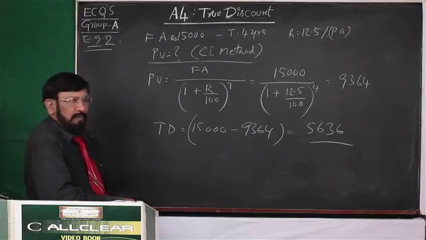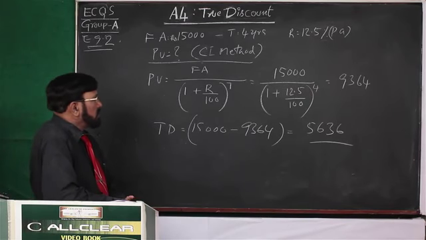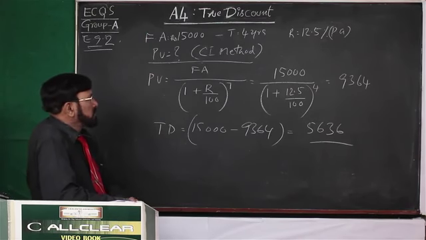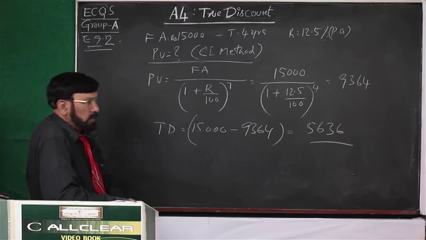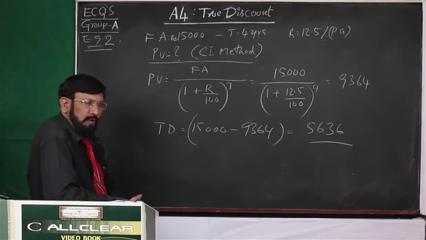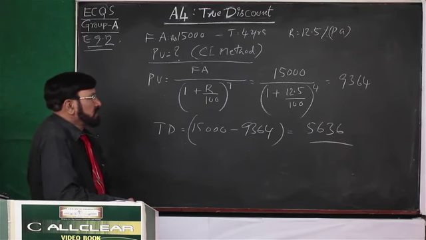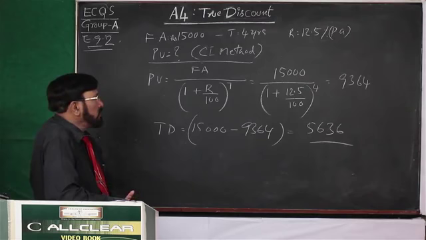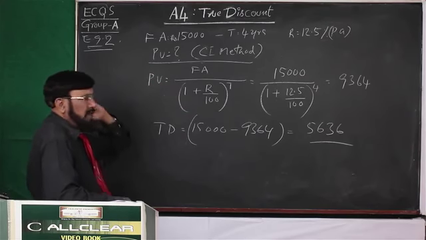Now let us consider the same example with the compound interest method of calculation. So the future amount is 15,000, time is 4 years, that is, 15,000 is due after 4 years, rate of interest 12.5% per annum, and we have to calculate PV according to the compound interest calculation method.